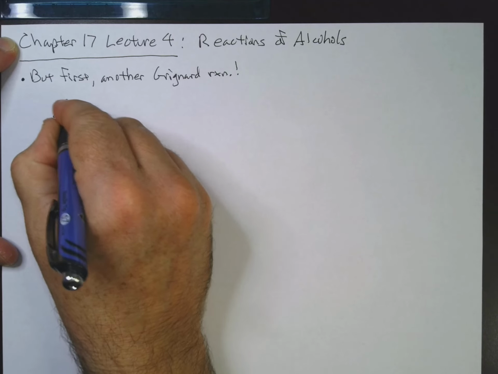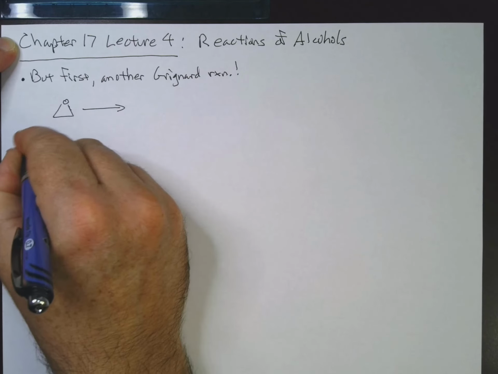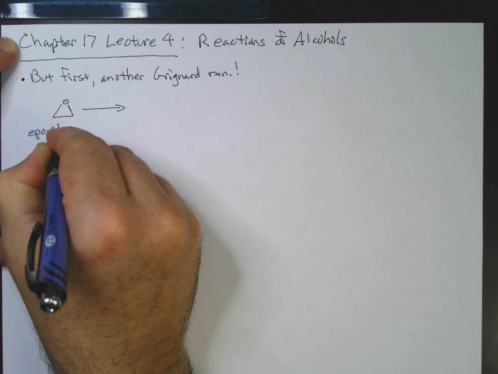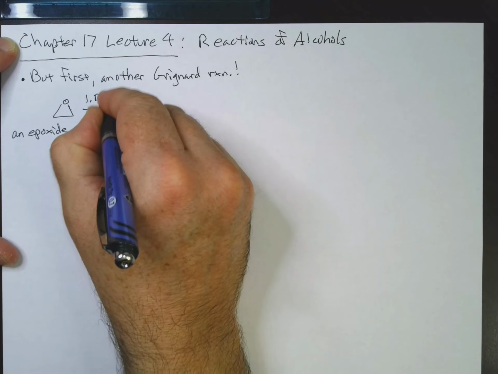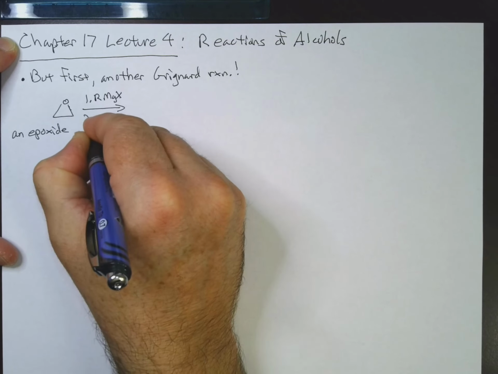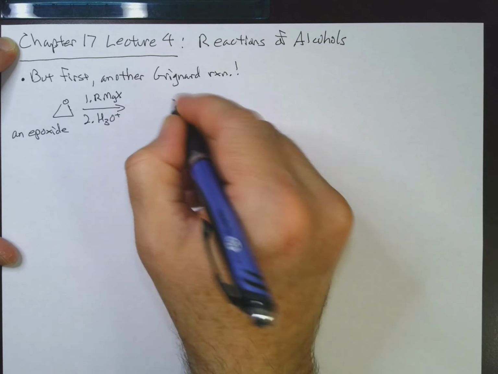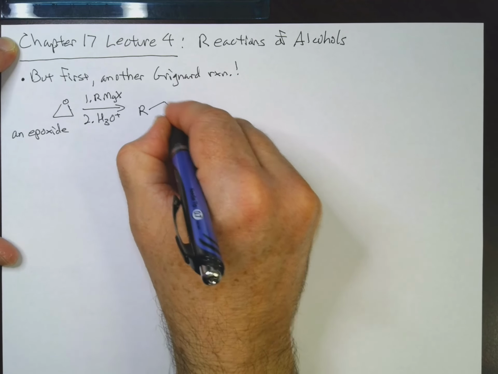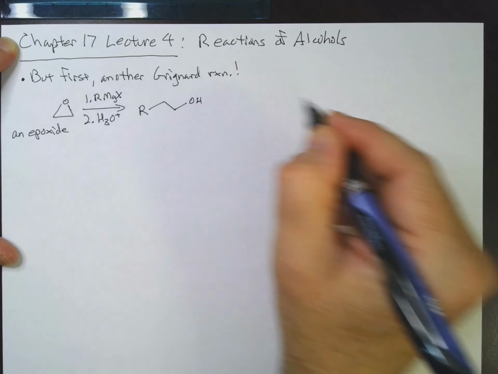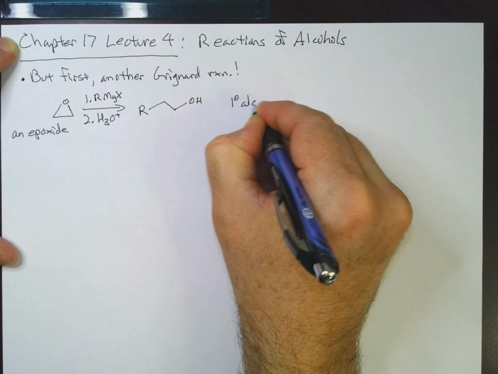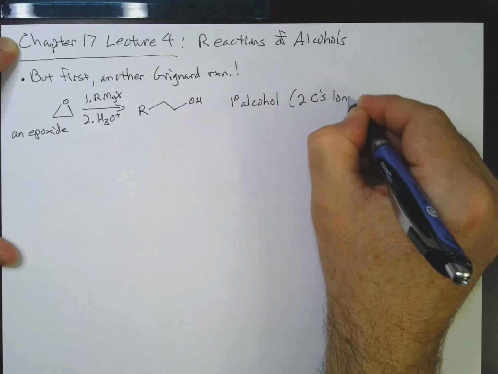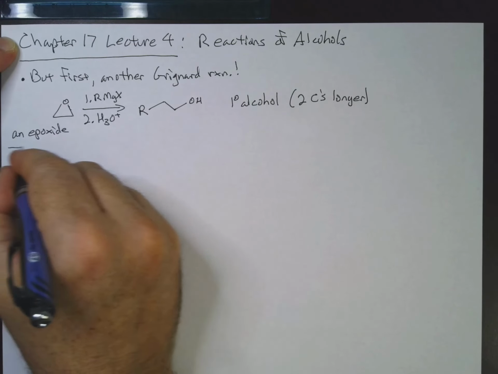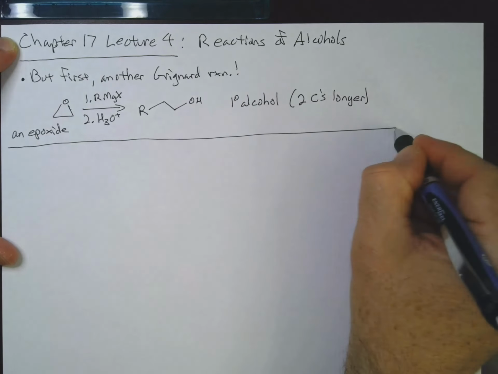So if I have an epoxide and react that with RMgX followed by H3O plus, I will get R-CH2-CH2-OH. So it'll be a primary alcohol, 2 carbons longer. Just wanted to mention that because I had forgotten to mention that last time.